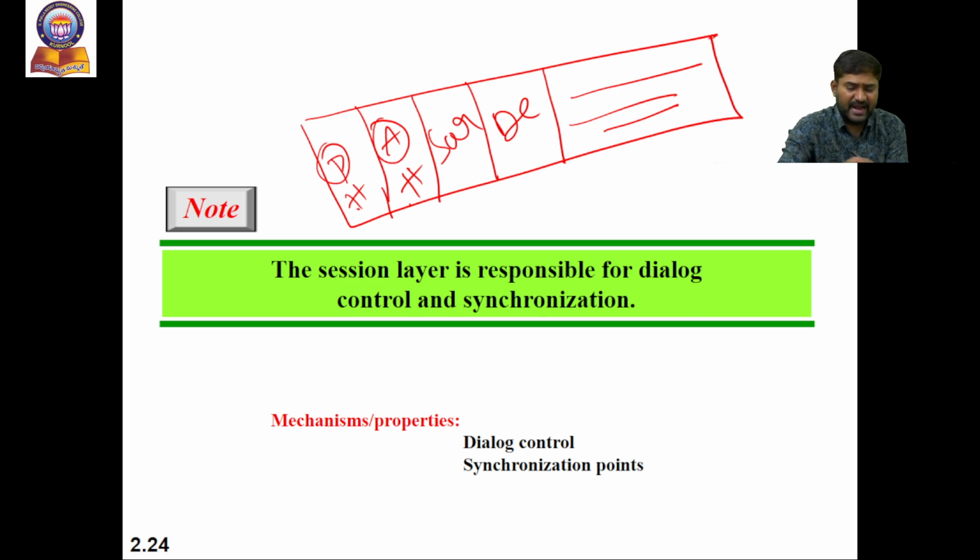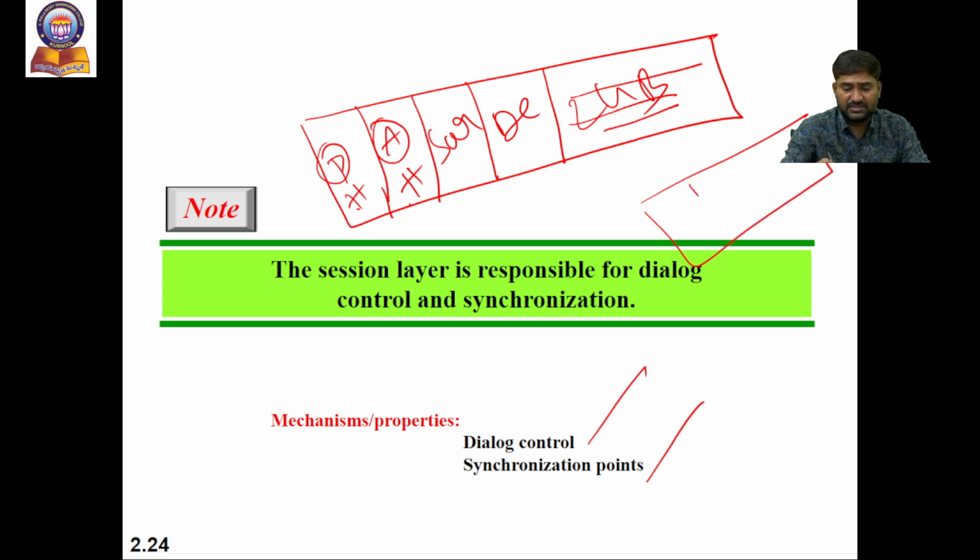So what is dialog control and what are synchronization points? See here, I am sending 2 GB of data. My original content is 2 GB of data. I am dividing the 2 GB of data into some parts: 500 MB, 500 MB, 500 MB, and 500 MB.